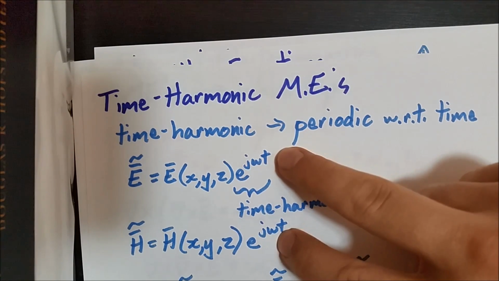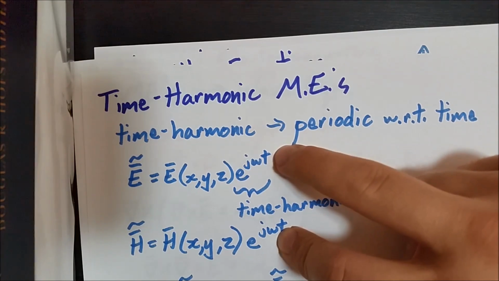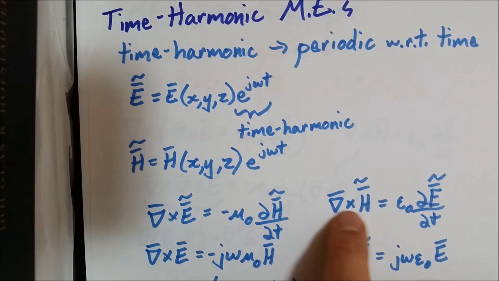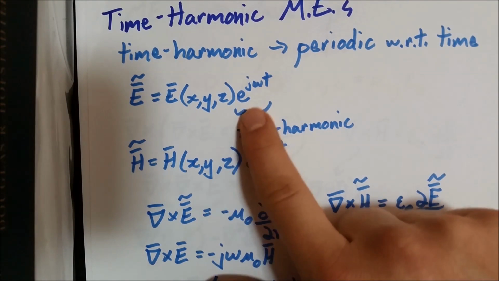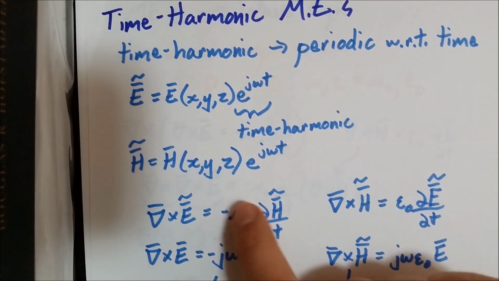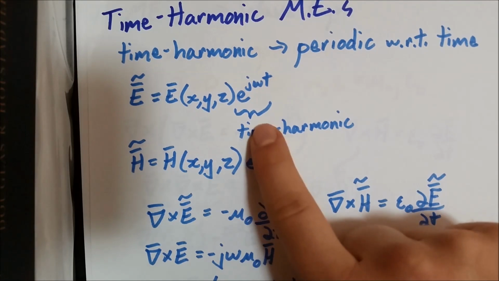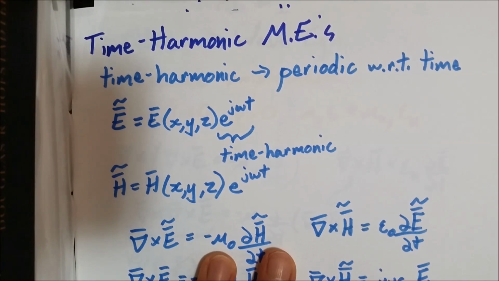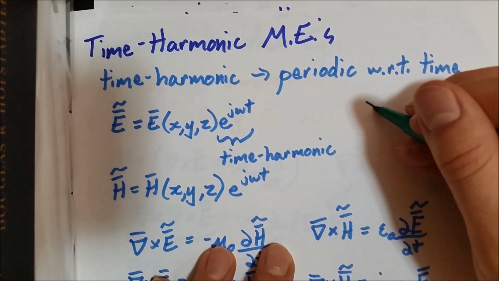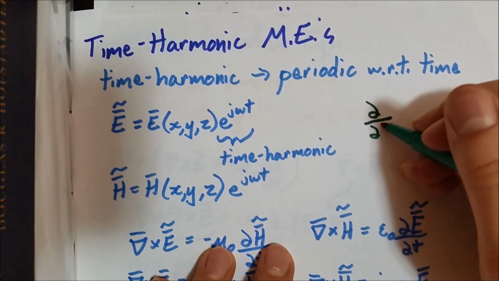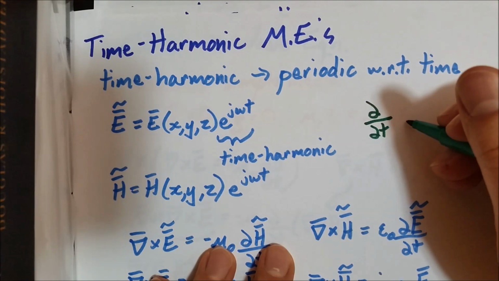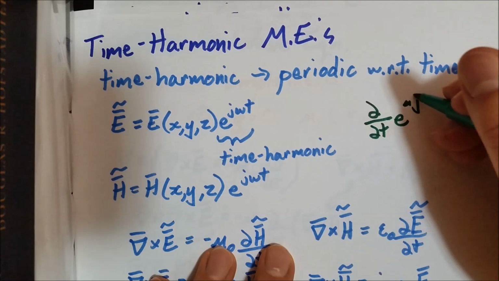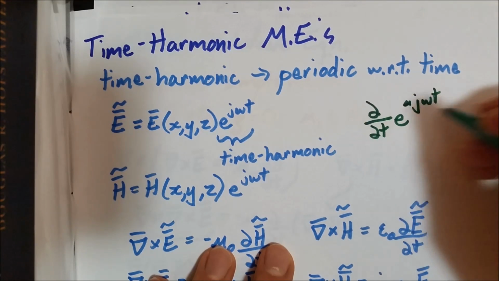Now you can take these two equations and plug them into Maxwell's equations. So we have here Faraday's law and Ampere's law. We simply sub these in, and the derivative with respect to time of an exponential simply brings down the e to the j. So we have here a partial derivative with respect to time of e to the j omega t.